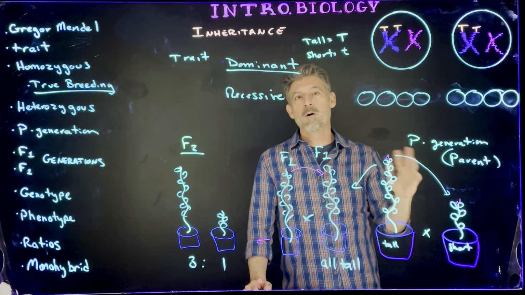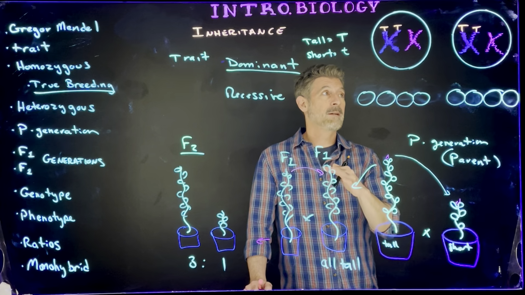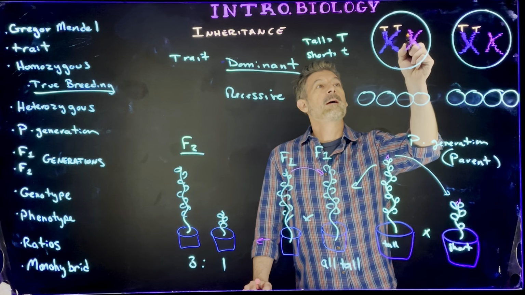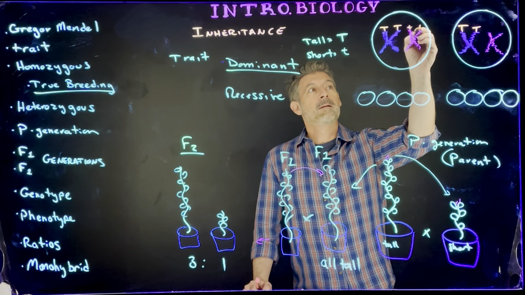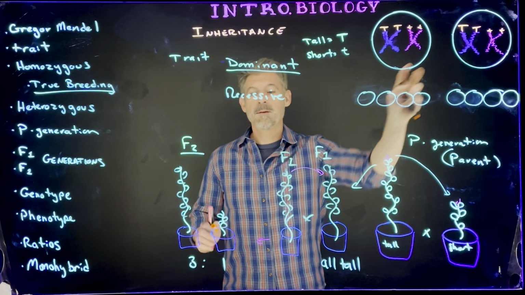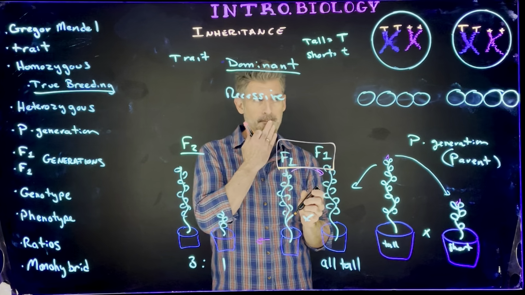Let's just say no crossing over has occurred, just to keep it much more simplistic, so there's no crossing over in this particular model. This one here is, let's say, the short allele. So both of these would be representing this F1 generation. That's kind of what it would look like.